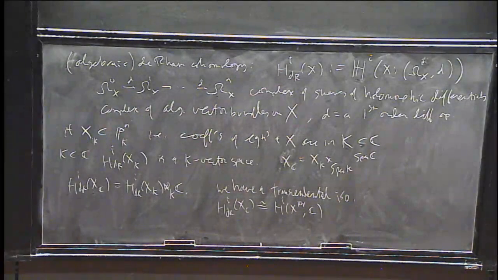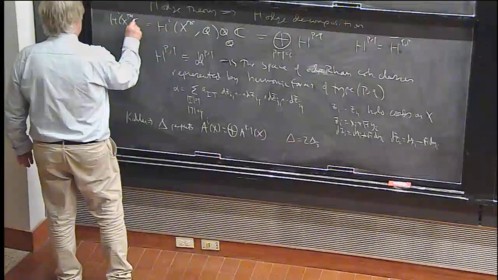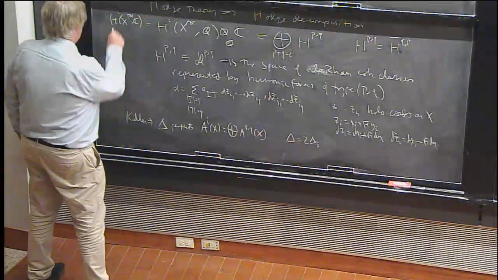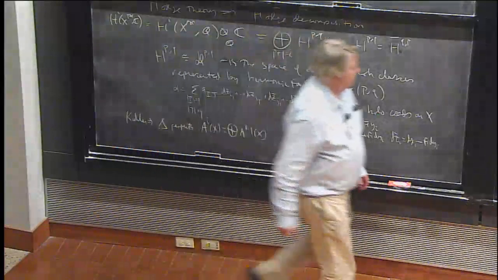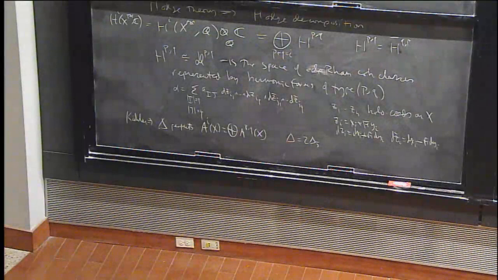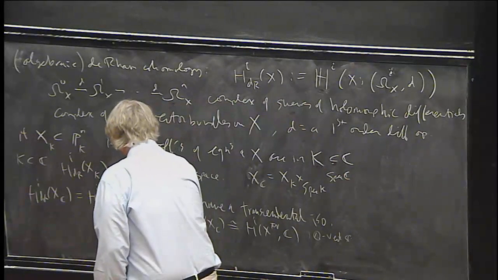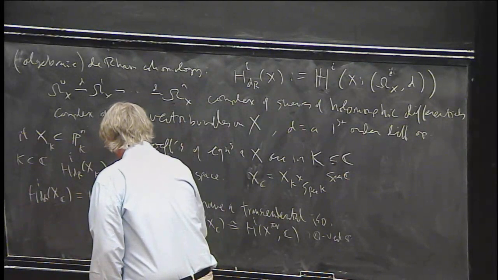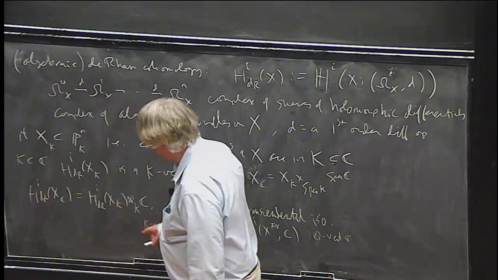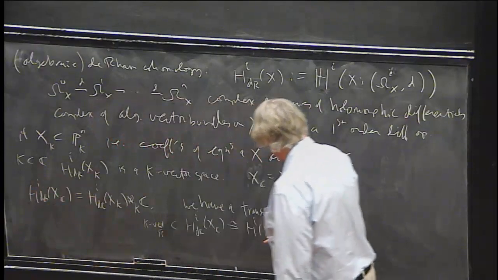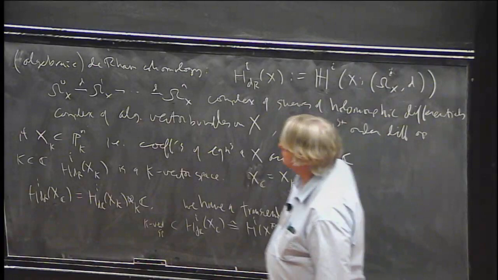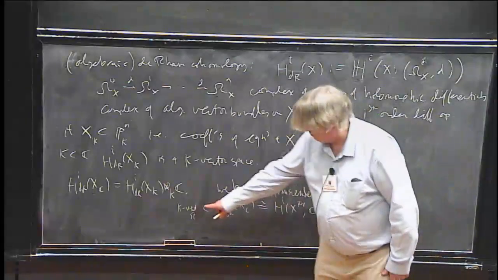This thing here, we'll call this... Right, so this is going to have some Q vector space inside here. This is going to have a K vector space. Right, this is going to have this K vector space here inside it. This has this Q vector space, which is just the rational cohomology. And these are completely different in principle.